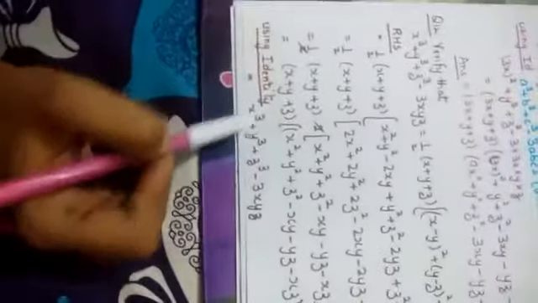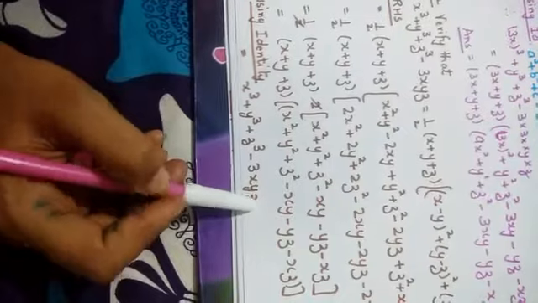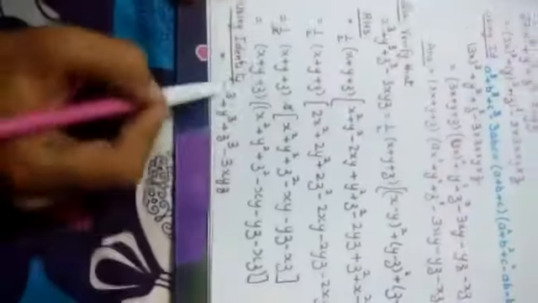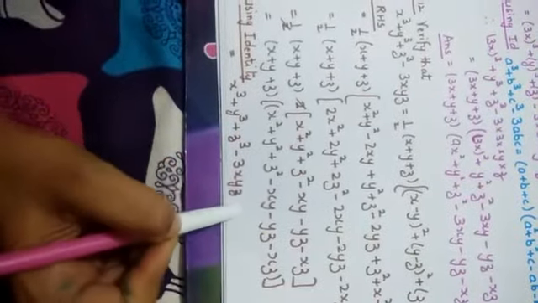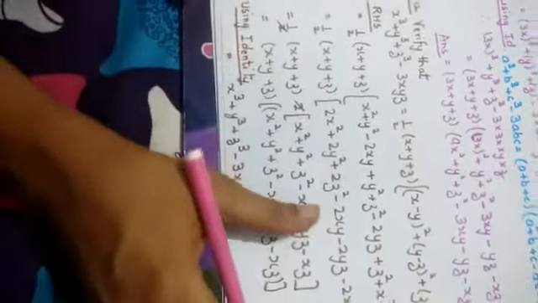So the same I have done. It is x cube plus y cube plus z cube minus 3xyz. Now you can see the left side was this and the right side has also converted to this form. So left and right both sides are equal, hence it is verified. I hope this question is clear to you.